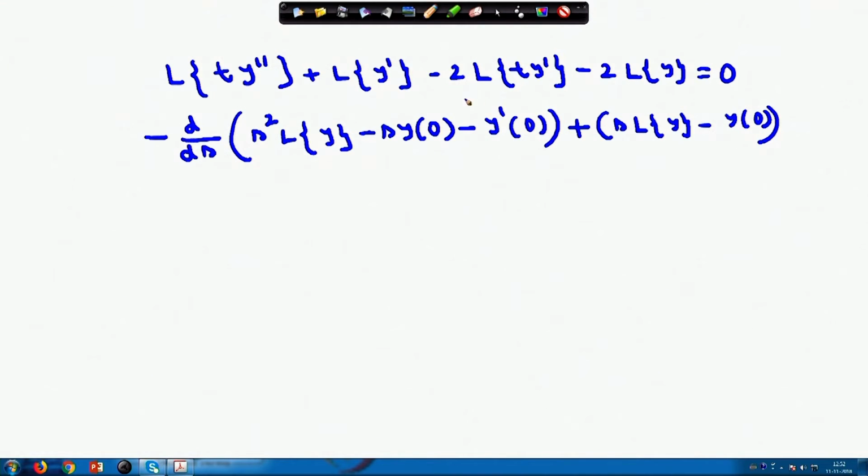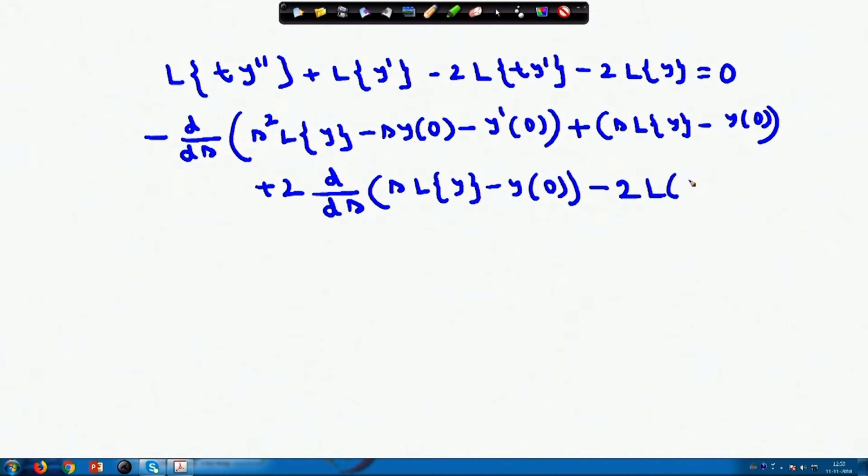Your next term is minus 2 into Laplace transform of t y dash. This Laplace transform of t into y dash, this is again minus d d s of this thing. So, it will be plus 2 into d d s of Laplace transform of simply y dash, that is s into Laplace transform of y minus y naught, plus the last term is minus 2 into Laplace transform of y, this is equals 0.